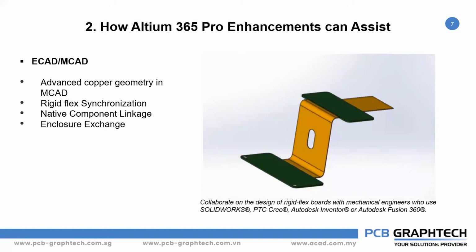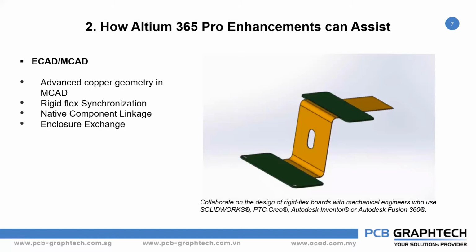The last one is enclosure exchange. In the mechanical software, we provide the casing. The board casing can be designed and put on your board. Once you place the board casing, you can push it to your ECAD software within Altium 365 Pro.